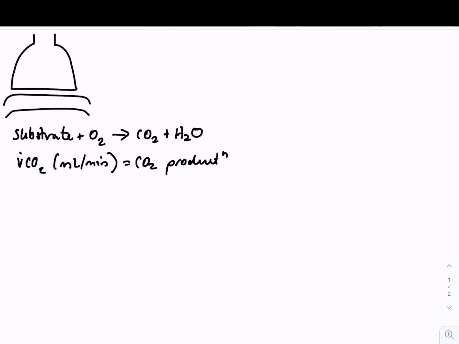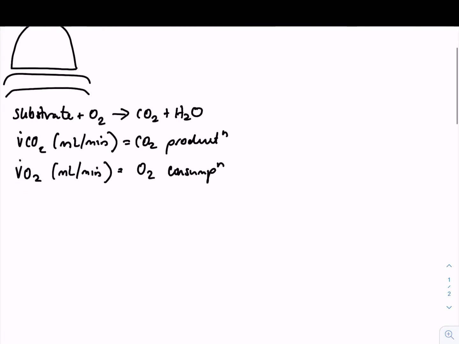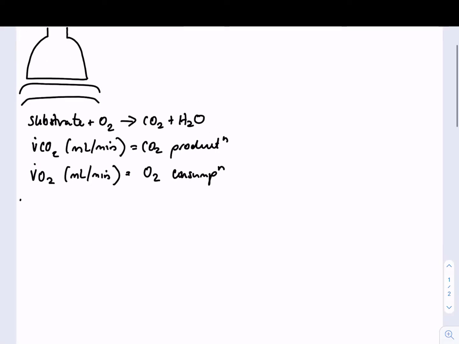And oxygen consumption is V dot O2, again in units of mils per minute, which is equal to oxygen consumption. Okay, and remember our respiratory quotient was simply V dot CO2 over V dot O2, the ratio of carbon dioxide produced to the oxygen consumed.